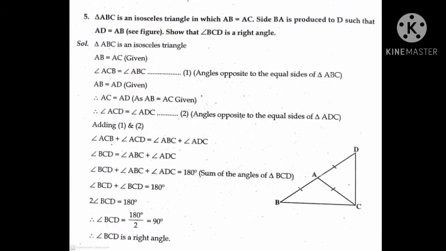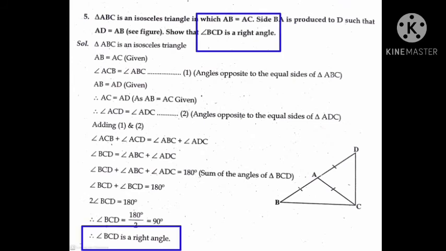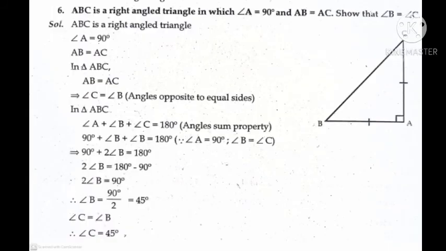Next step, adding BCD plus BCD, 2 angle BCD is equal to 180 degrees. Next step, angle BCD is equal to, transposing 2 to the right side of the equation, it becomes 180 degrees by 2. After cancellation, we get 90 degrees. Therefore, angle BCD is a right angle. Hence proved.